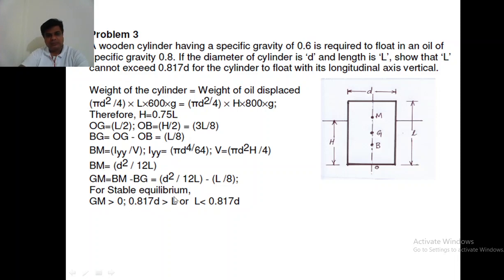So this proves that L should be less than 0.8 times the diameter of the cylinder, so that the cylinder will be floating vertically along the length of the cylinder.